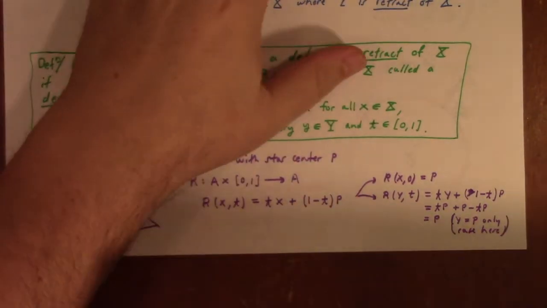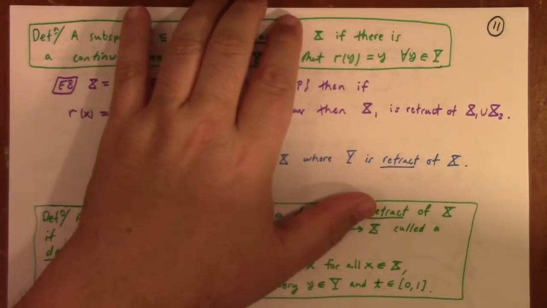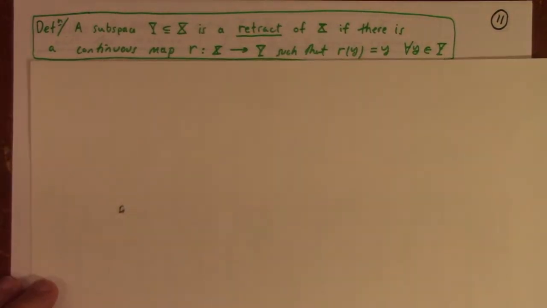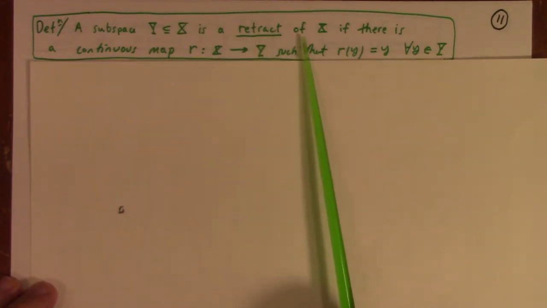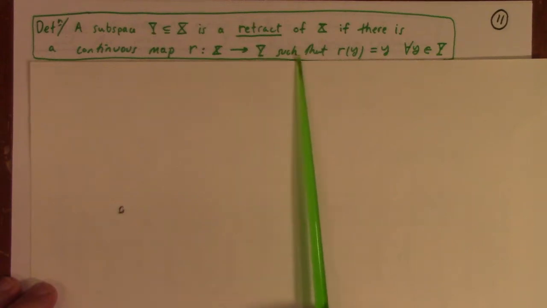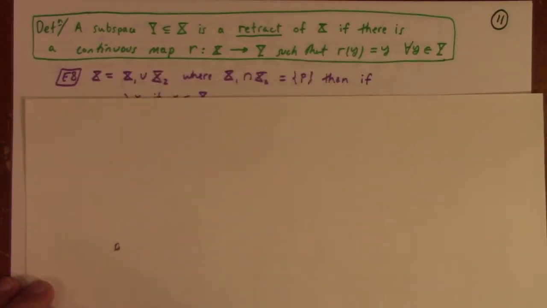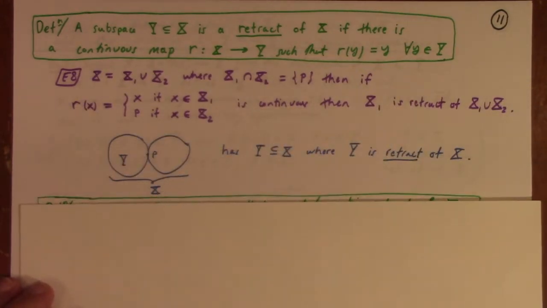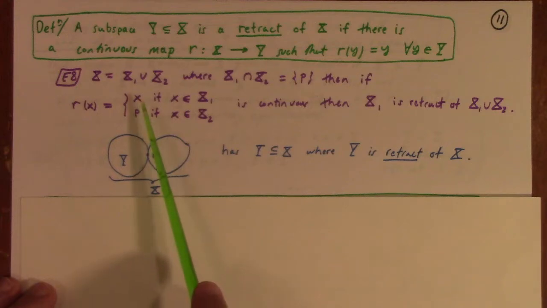So let's see here. A subspace Y of x is called a retract of x if there is a continuous map r from x to y such that r of y is equal to y for all y. So a nice example of this would be given here, and I sort of stated it more generally.